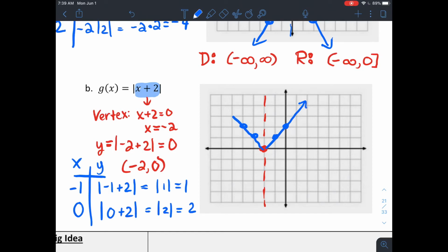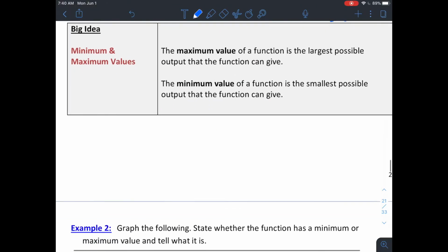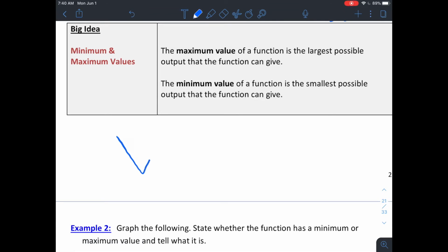Looks good to me. And then for your domain and range, domain is always going to be -infinity to infinity, and your range, it's got this point where it stops vertically, a low point, so the smallest y value is 0, up towards infinity.